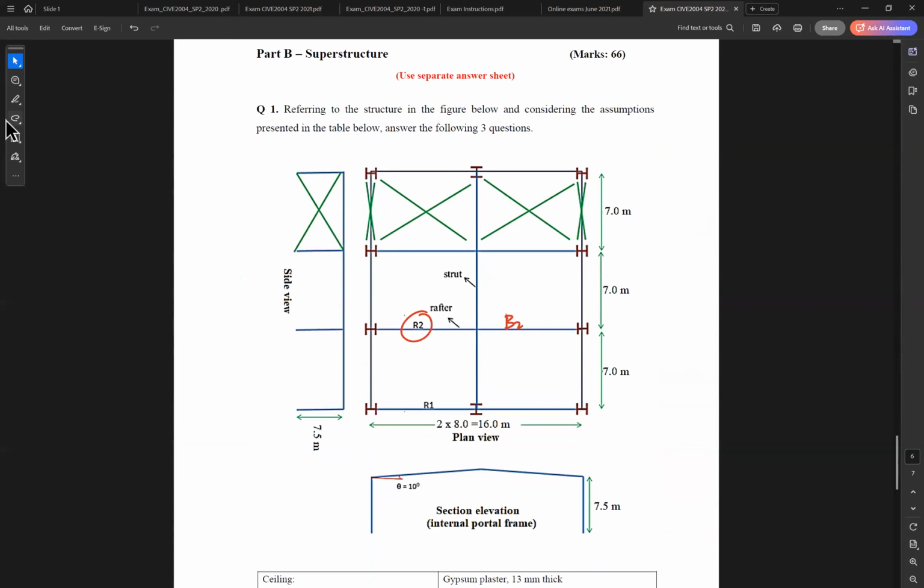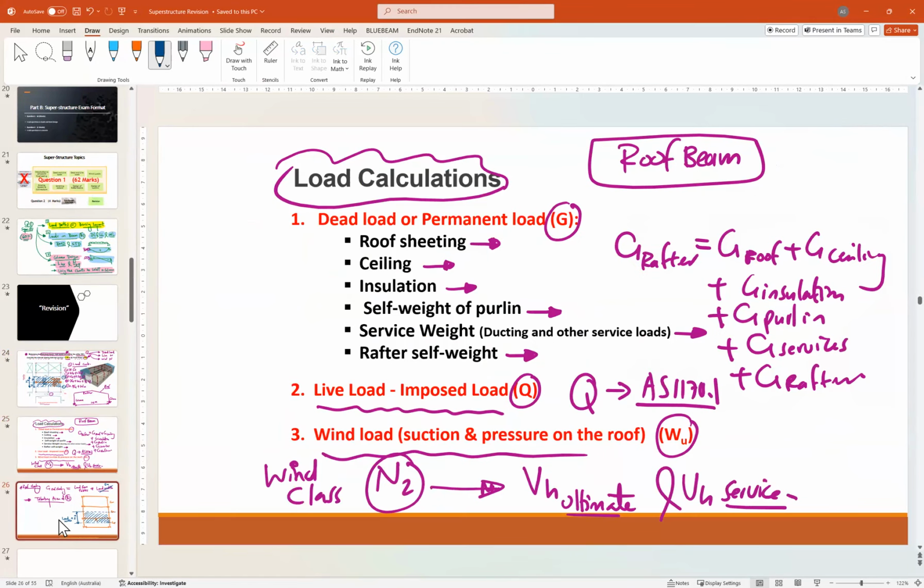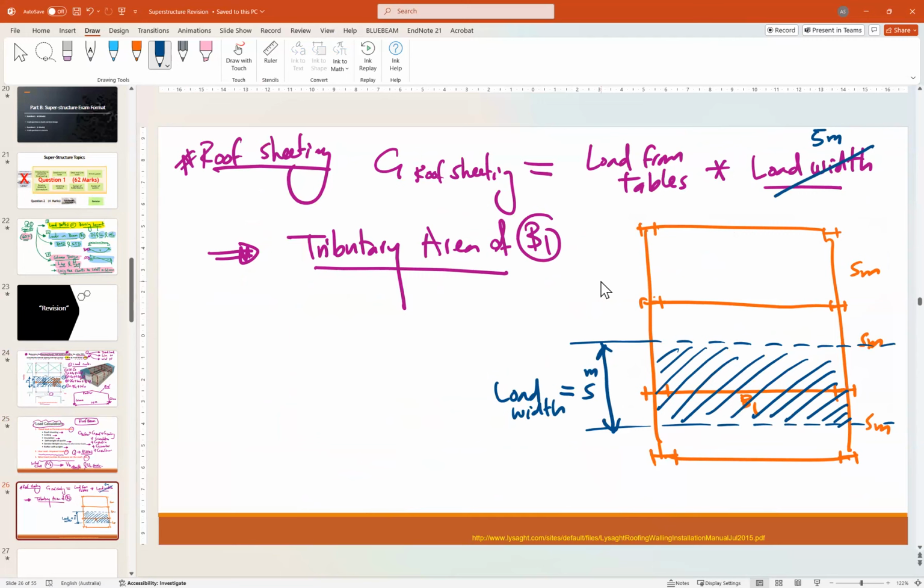Okay? Any other question, guys? Anything will be clear, so you will know clearly what to design. Don't worry about it.